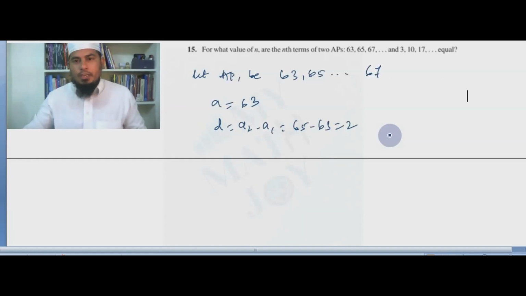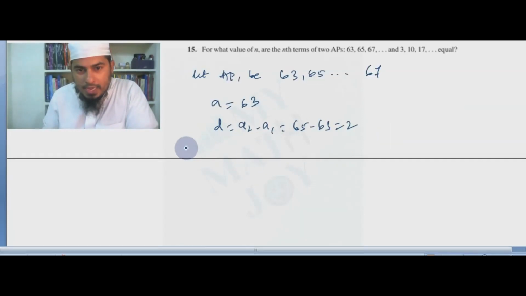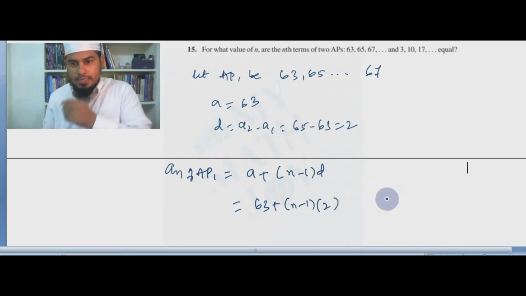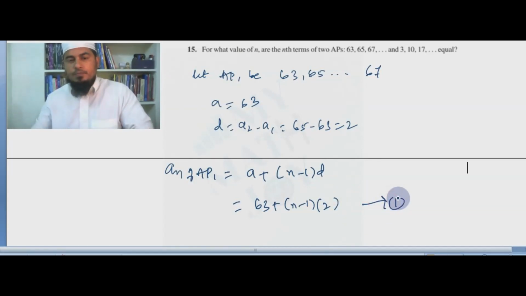And AN of AP1 is equal to A plus n minus 1 into D. A is how much? 63, and n minus 1. D is how much? 2. Let us keep this as equation number 1.